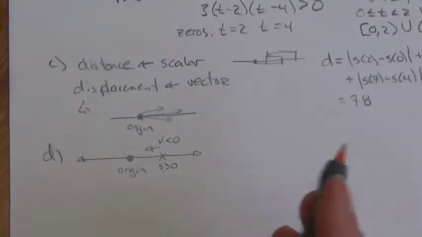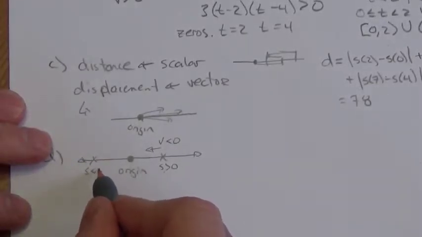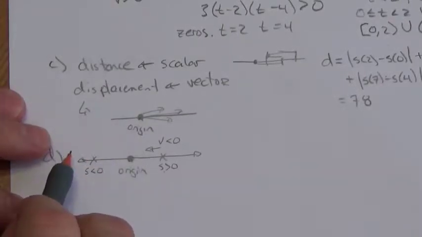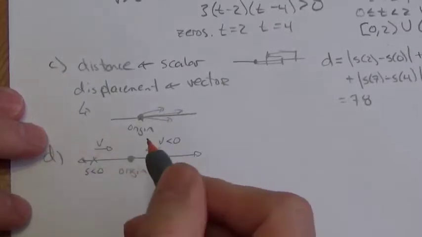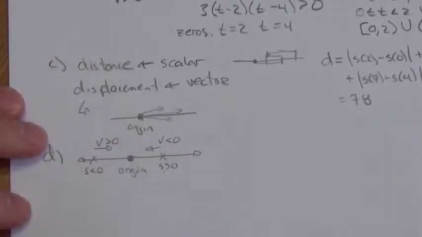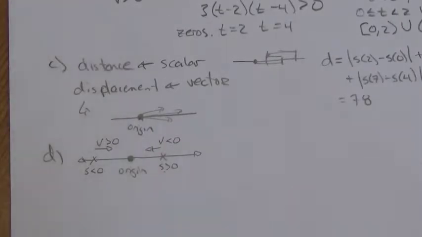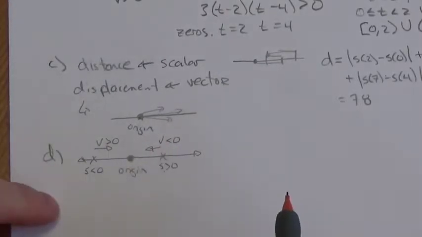Now, the other scenario that's possible here is I could be over here, in which case my displacement is negative. I'm to the left of the origin. If I want to be moving towards the origin, then my velocity has to be this way. My velocity has to be greater than 0. So notice the scenario that we've built here. In order to be moving towards the origin, if displacement is positive, velocity is negative.